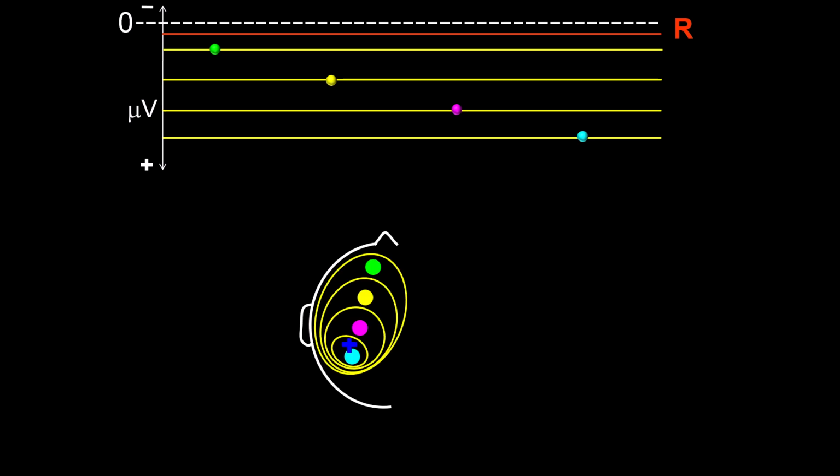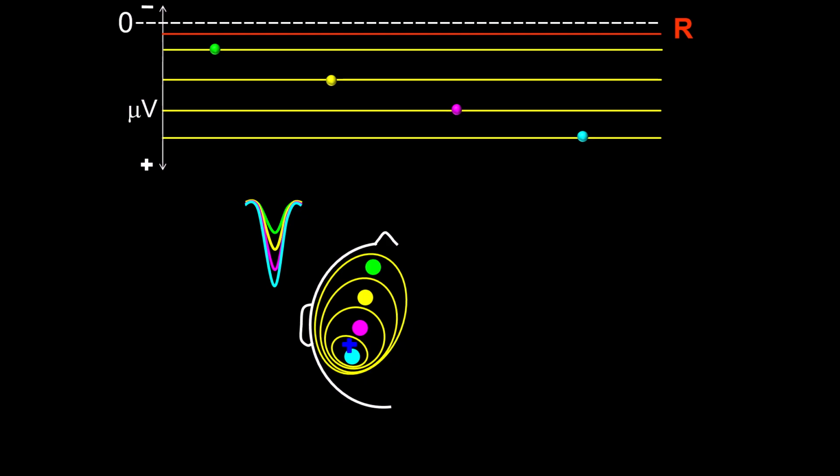Now I have added a corresponding isopotential map, and I have represented the waves that would be present if the potential from each of the electrodes would be measured in a bipolar fashion from an imaginary perfect neutral point, that is, from the zero line. Notice that the waves go down.